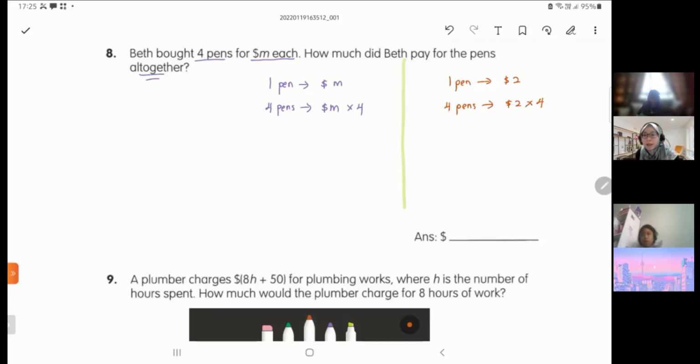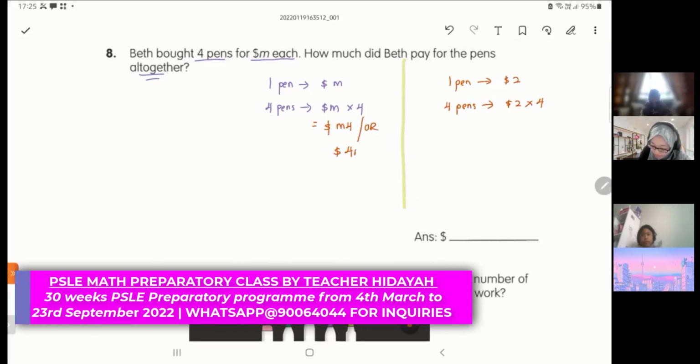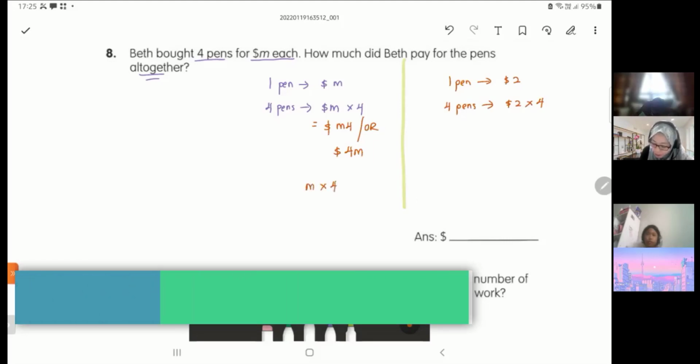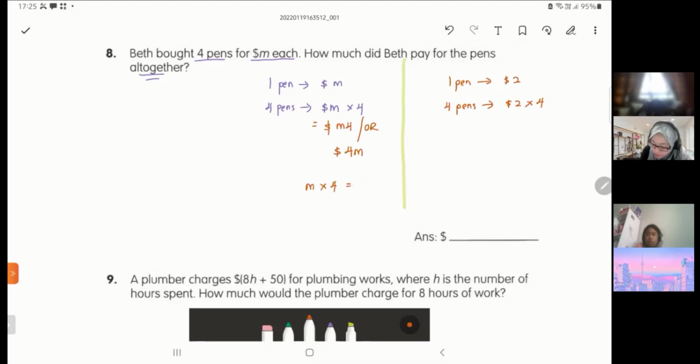Algebra and whole numbers, they act the same way. It's just that you are substituting or using the alphabet to represent a number. Okay, so it's the same thing. So in this case, M times 4 will be dollars M4, or usually we will write it down as 4M. Between M times 4, you can interchange it and become 4 times M. It is okay.